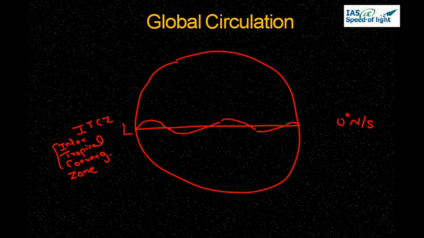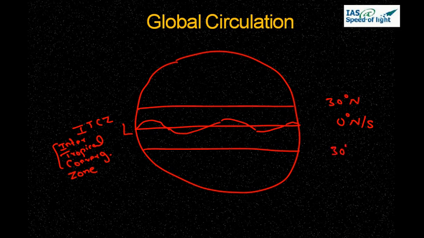Similarly other pressure belts also move with the position of the sun. Right, let's move now a step further, north and south. So this is 30 degree north, and this is 30 degree south. Now it is a subtropical high pressure belt because air is sinking here.